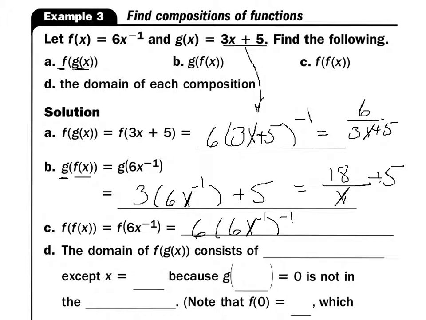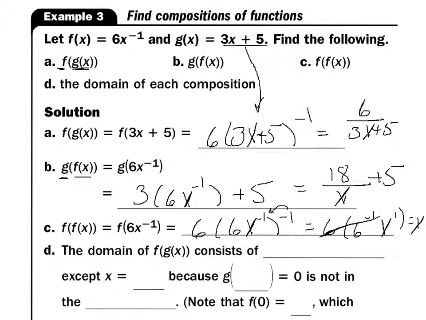So let's pull this -1 inside to both numbers, and that would be 6 to the negative 1, and then x to the, what's negative 1 times negative 1? That's positive 1. And then that would be 6 times 1 over 6. That just crosses out, doesn't it? And so we're just left with x to the first, or just plain x.